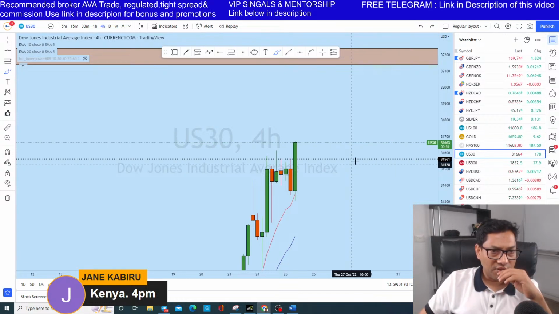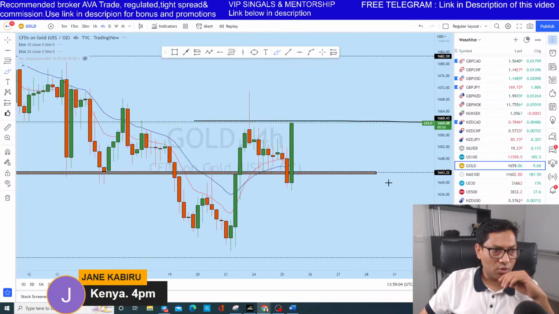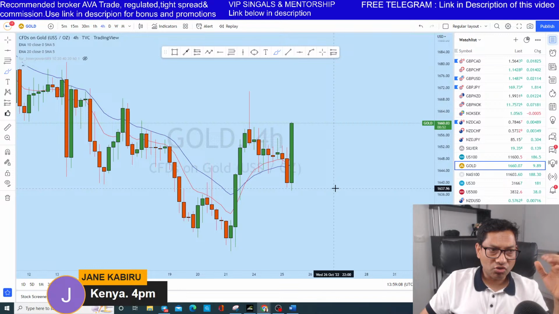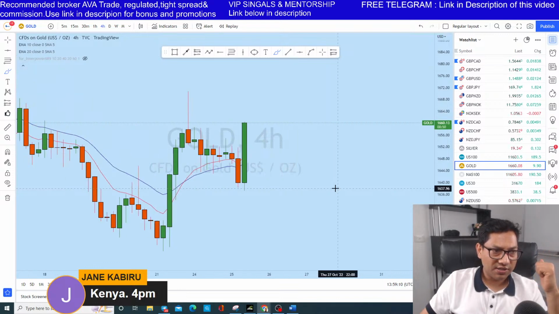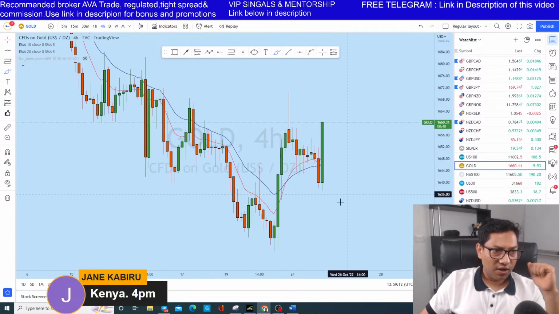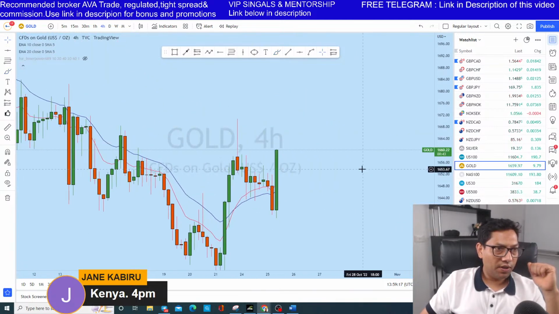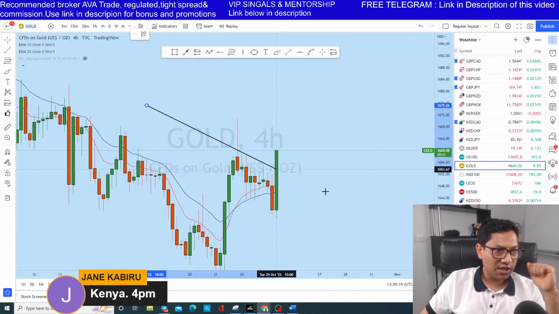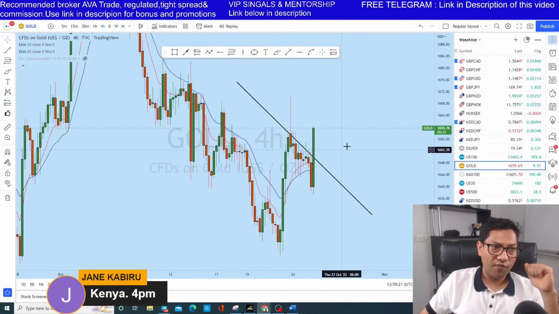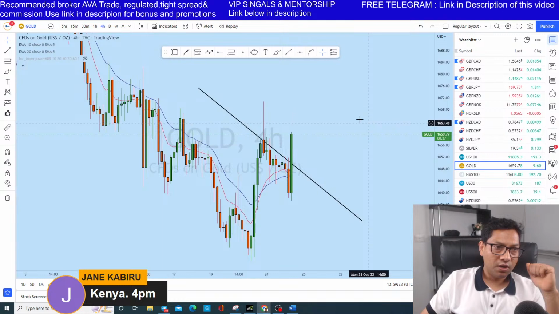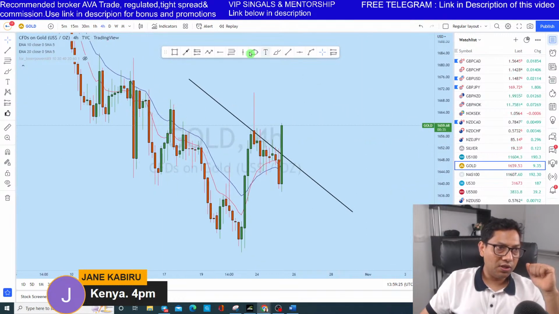Let me cover a little more. Let's look at gold. The candle is closing on gold. It's a very strong rejection on gold, as I expected, guys. As I mentioned, it's a bullish engulfer. For gold, a possible bullish setup is there if it is not a false breakout, as I told you there is always false breakout in the market.